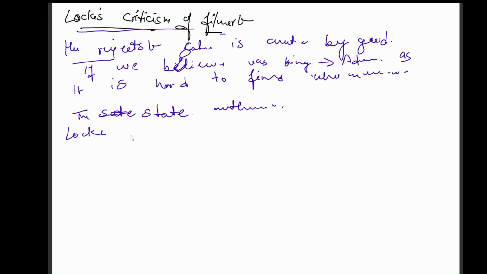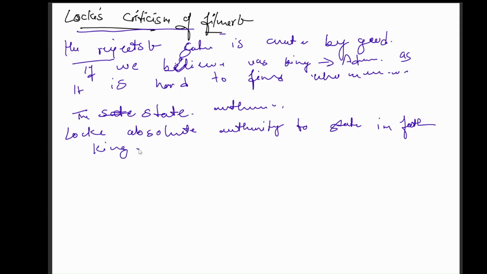Locke also rejected absolute authority of the state in the name of father or king. He says that the state is a family of families.